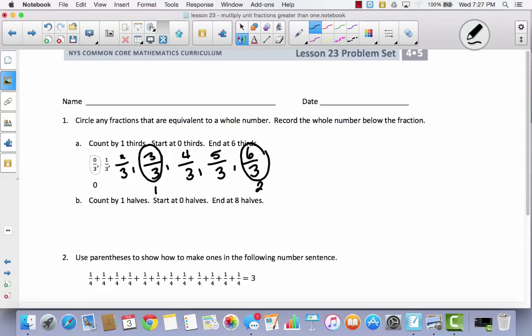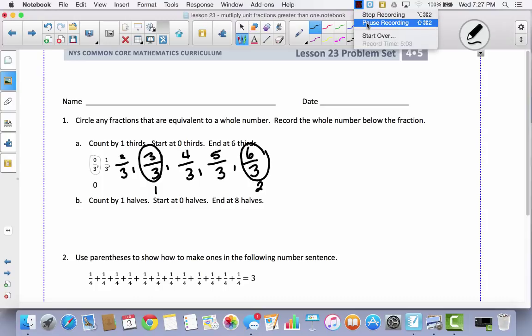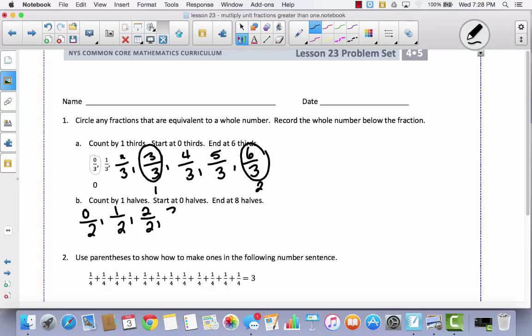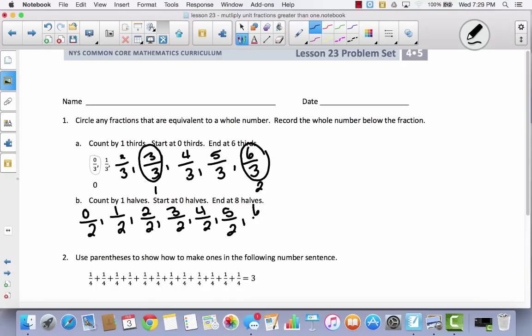All right, now let's practice counting by halves, starting at 0 halves. Okay, so let's start with 0 halves. So I've got 0 halves, 1 half, 2 halves, 3 halves, 4 halves, 5 halves, 6 halves, 7 halves, 8 halves.